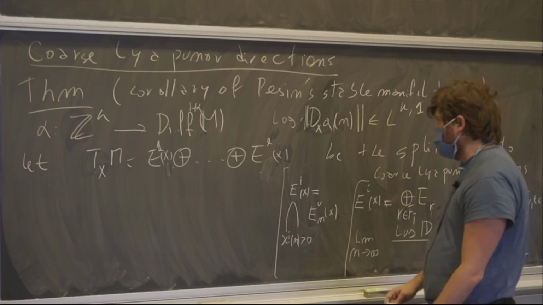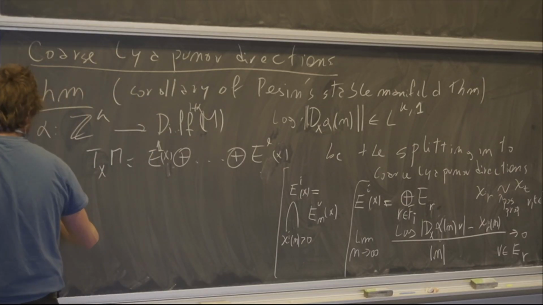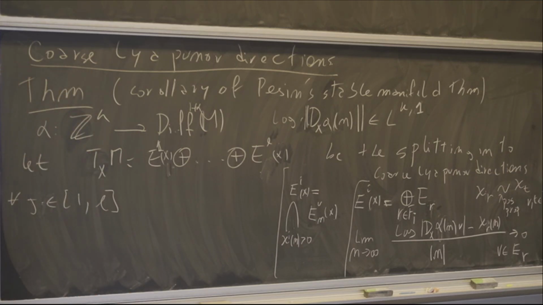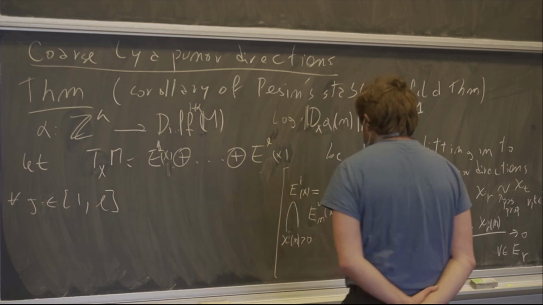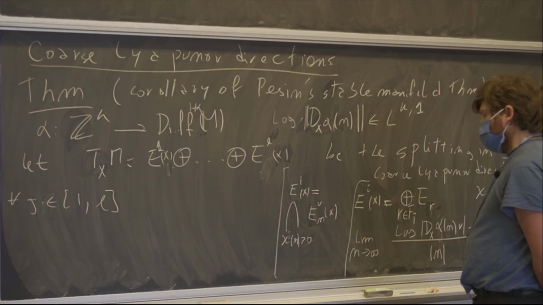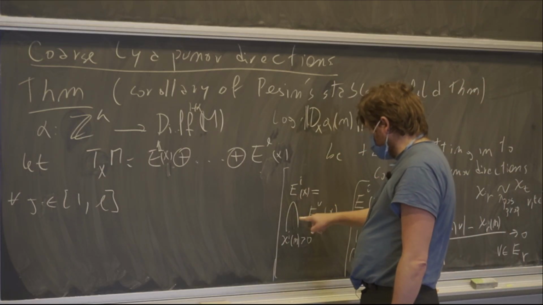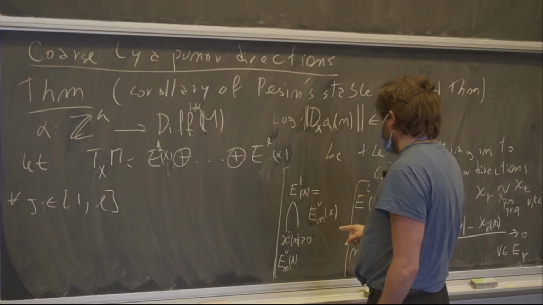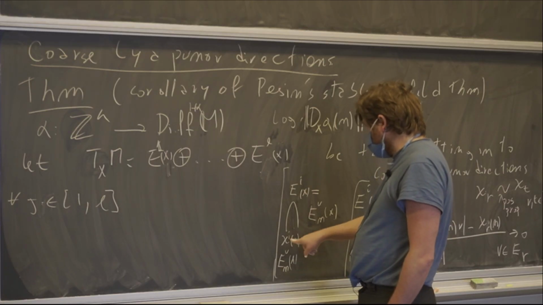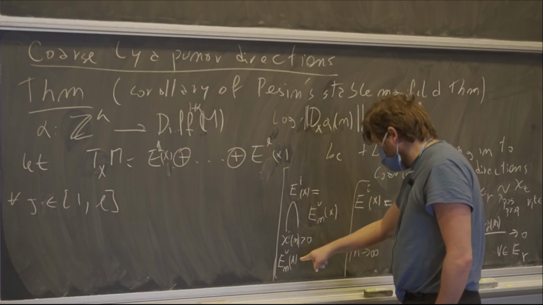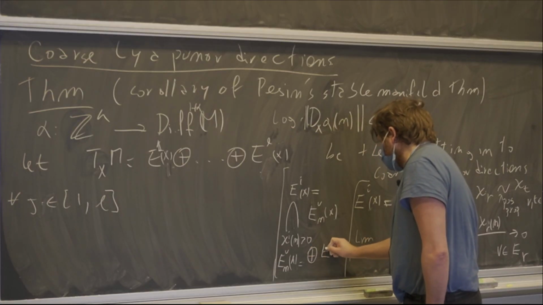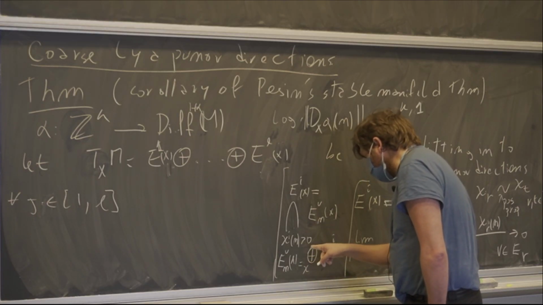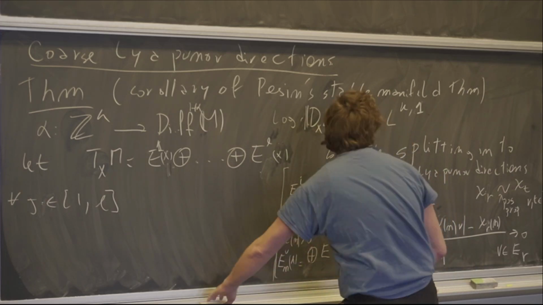But what is important here is that E^u of x is also the sum of E_i of x, now over the i's, and it is also true that E^u of x, with the intersection over all n such that psi_i of n is positive.